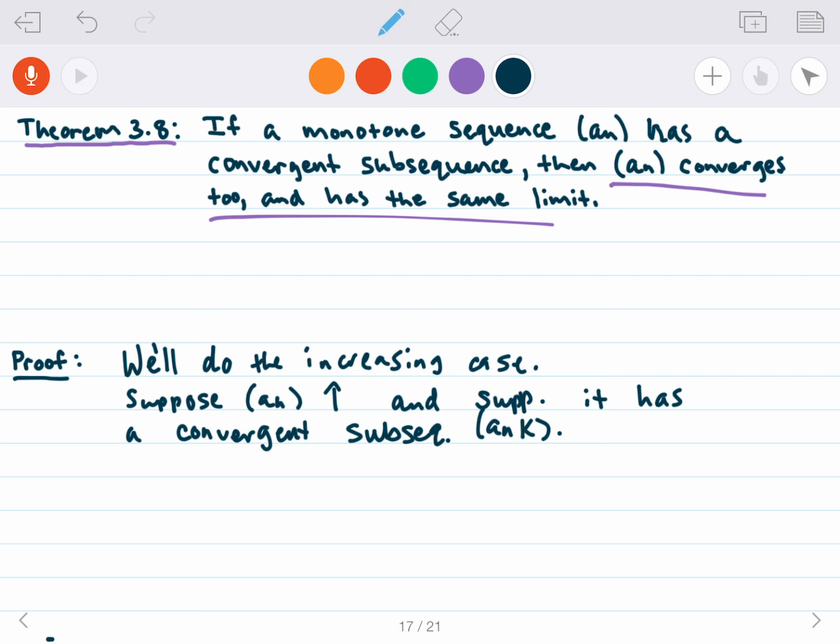Okay, so remember we had a theorem in, I think it was last week's lecture at the very end, where it said that if you're convergent, this implies bounded, but not the other way around. So since our subsequence is convergent, it is bounded.